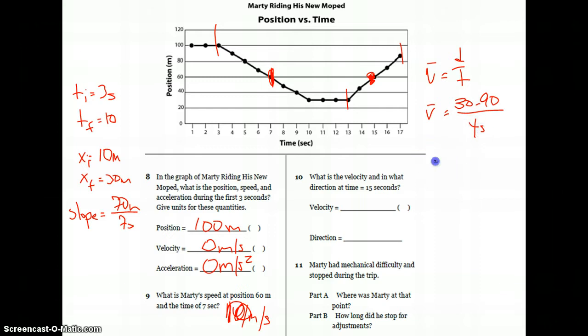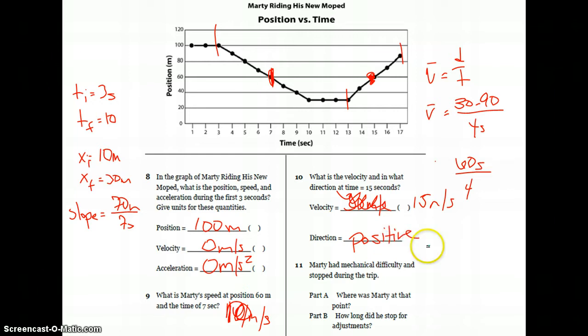And oh wait, I'm looking at the wrong one. So 60 over 4, so that is 15 meters per second, and our direction is positive.